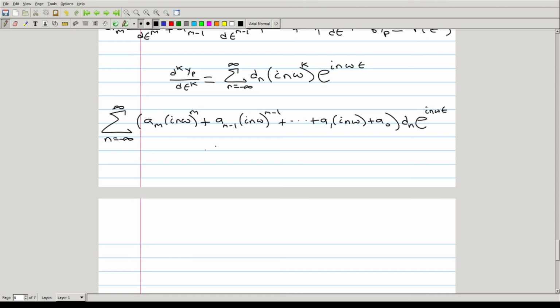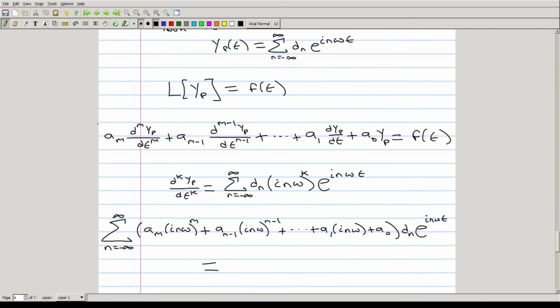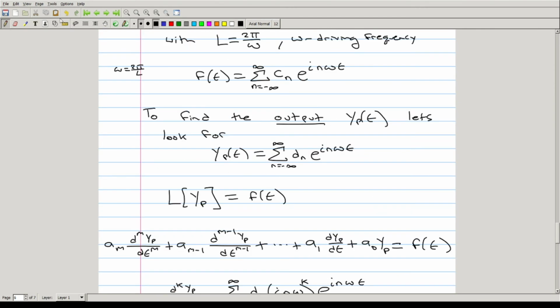This is the left-hand side of the differential equation when we plug yp into it, and it has to be equal to the right-hand side, which has a Fourier series expansion of this.